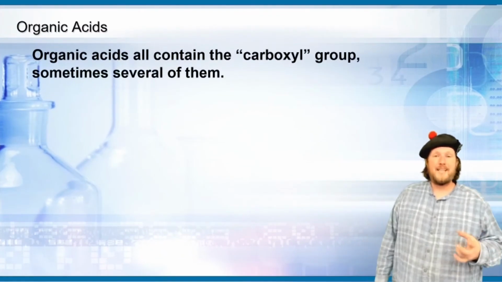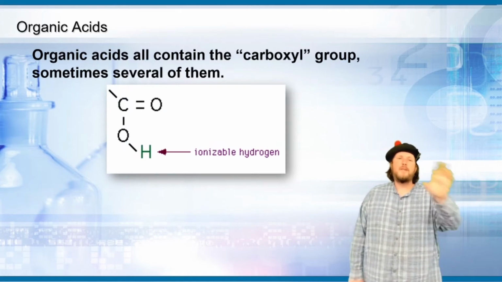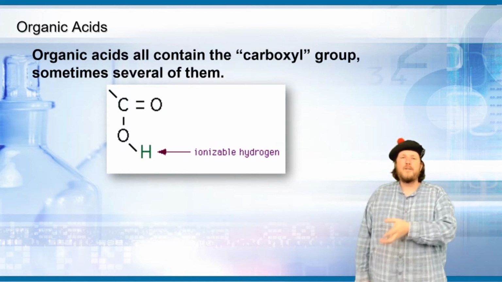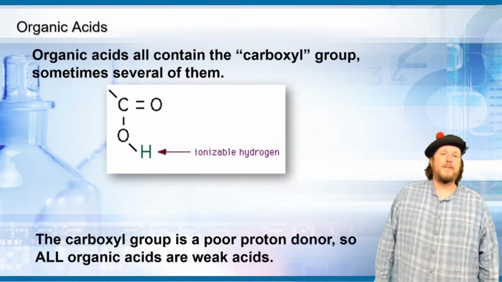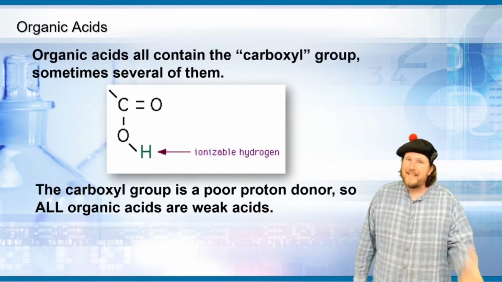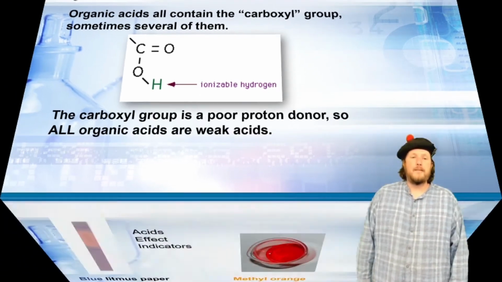Organic acids all contain the carboxyl group: a carbon double bonded to an oxygen, bonded to another oxygen, and then to a hydrogen, which is the ionizable hydrogen. The carboxyl group is a poor proton donor, so all organic acids are weak acids.